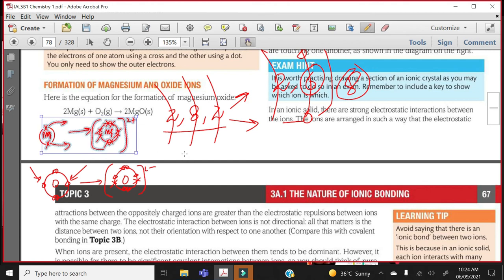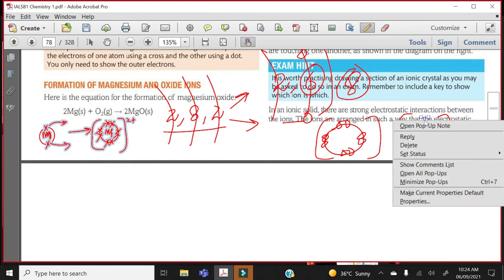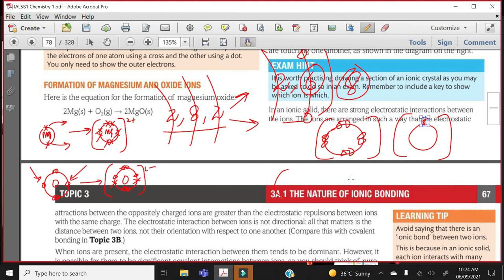I'll draw them here. So this will be the dot and cross together. This is for magnesium, this is for oxygen. Magnesium is 1, 2, 3, 4, 5, 6, 7, 8, and oxygen is 1, sorry, magnesium should be with the crosses, not with the dots.